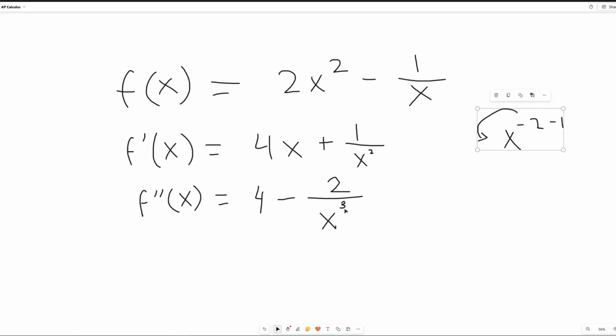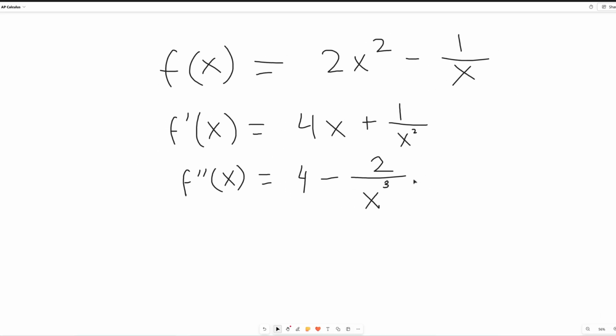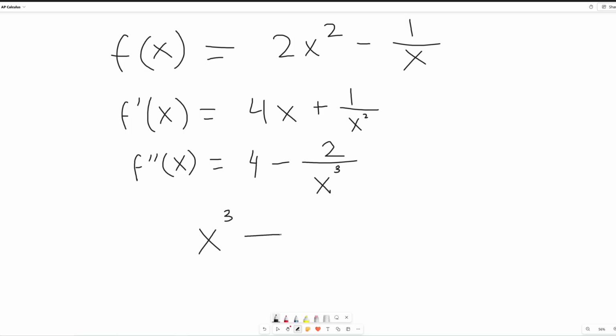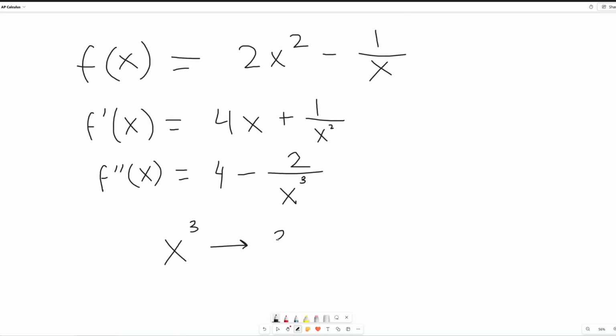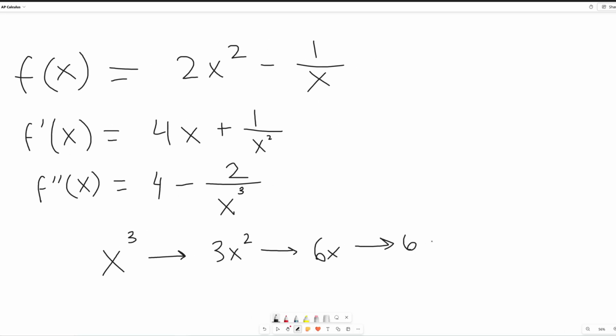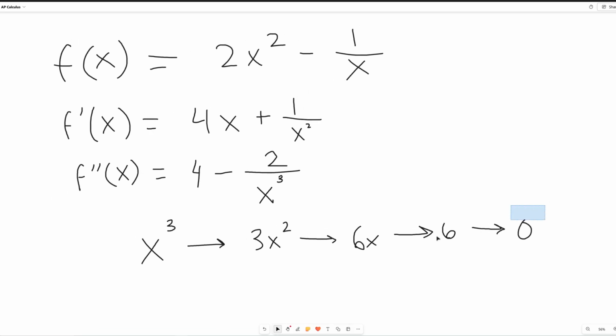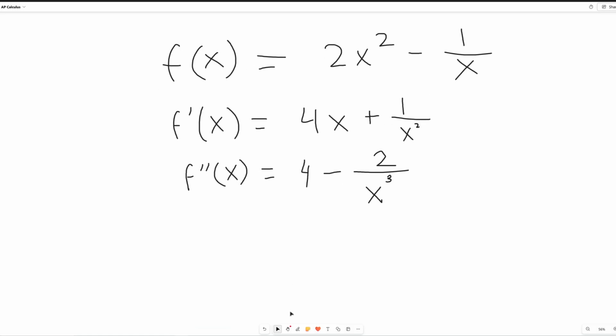And then we can keep taking this derivative because although normal polynomial functions like x cubed will eventually turn into nothing, 3x squared, 6x, 6, and then 0, rational functions will go on forever, and we can see that.